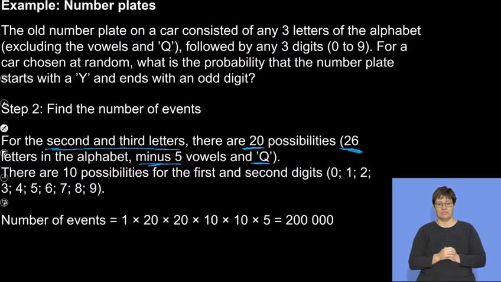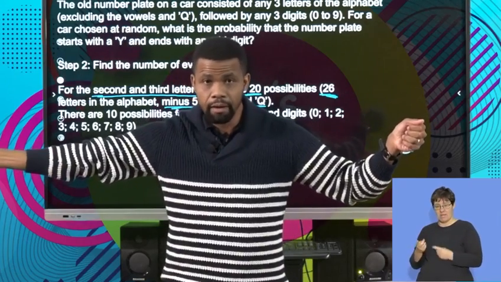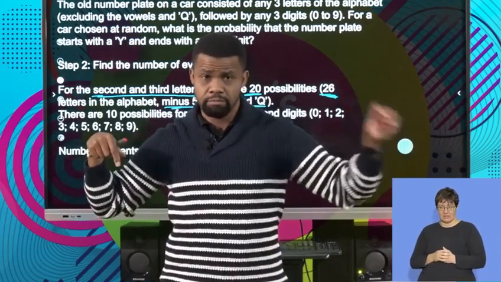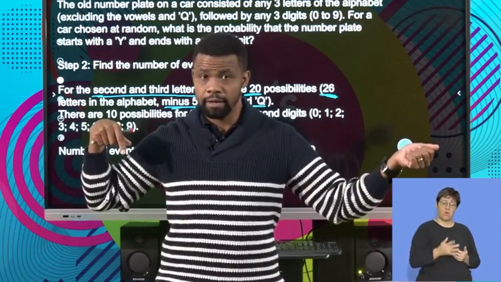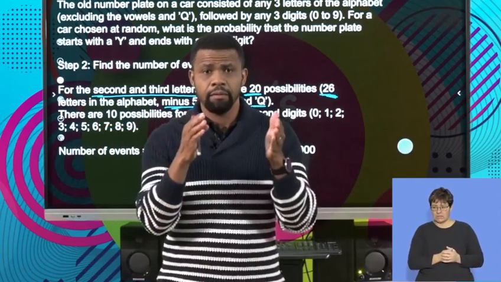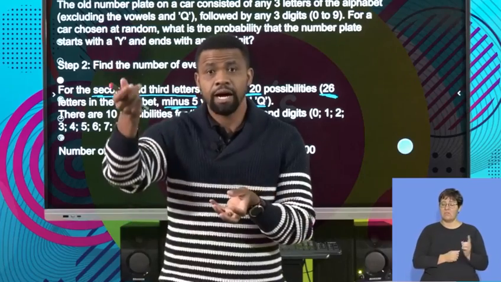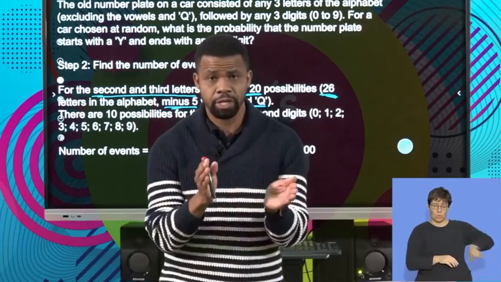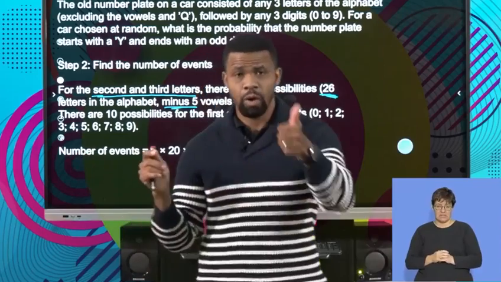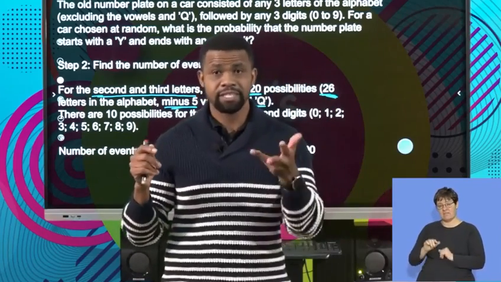Say a number plate starts, remember, with Y and ends with an odd number. In the first place, there's only one Y we can use. But for the other letters, we have to minus vowels and Q, and we're left with 20. Odd numbers, we said, are 1, 3, 5, 7, and 9.